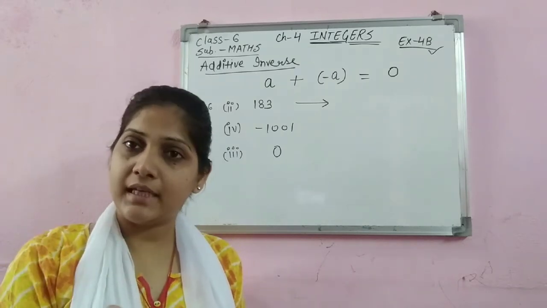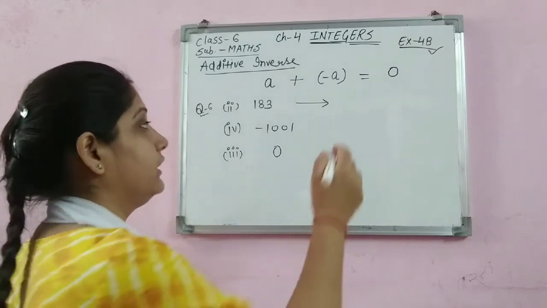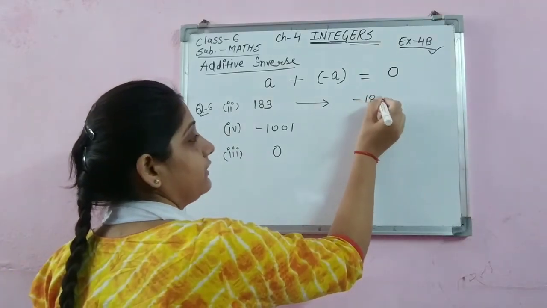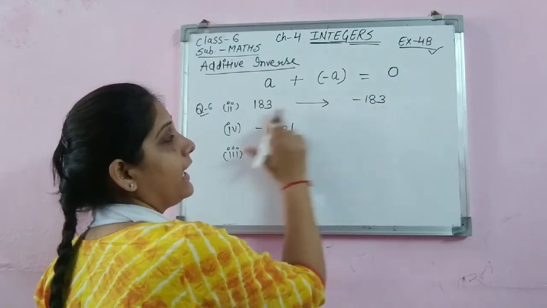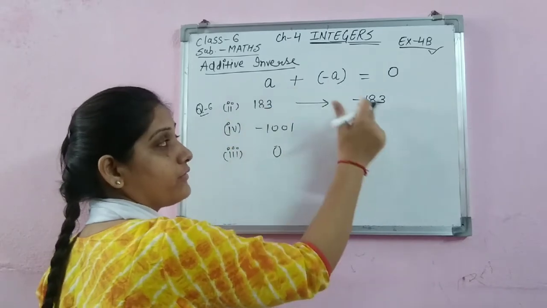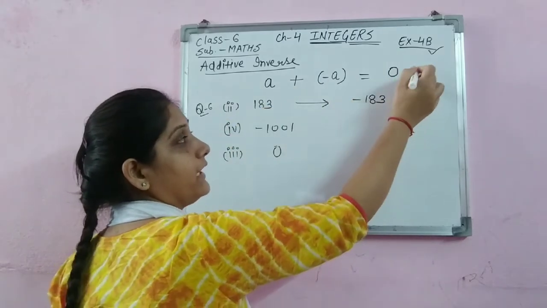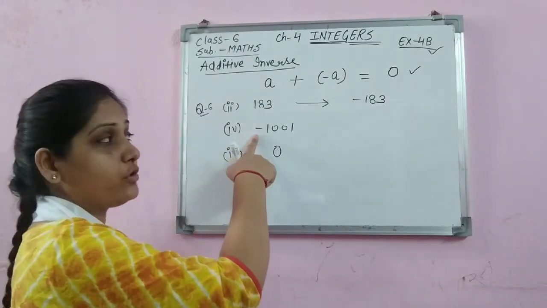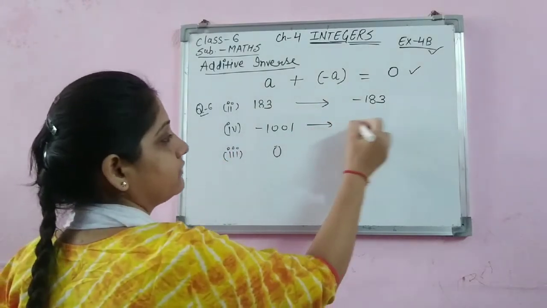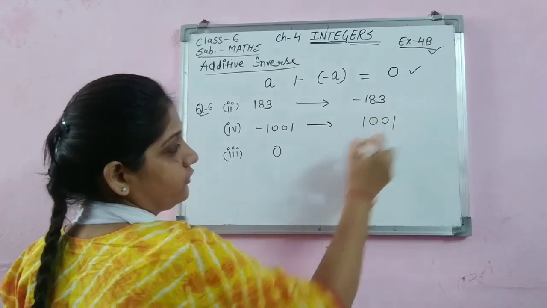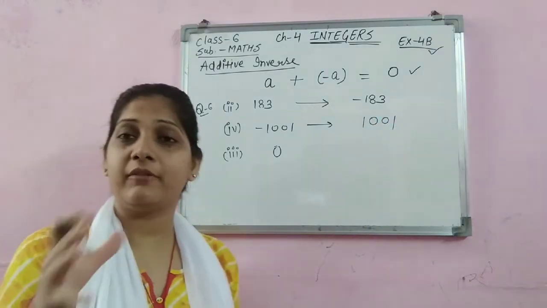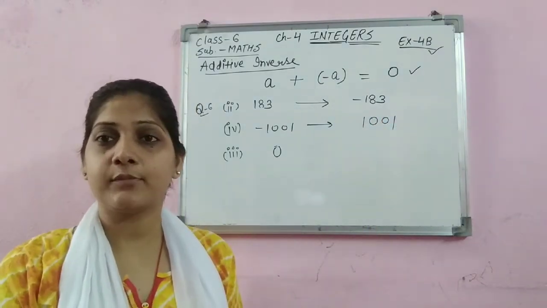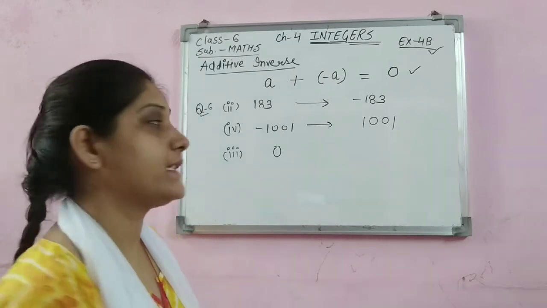So it means the same number with opposite sign. So negative 183. It is the additive inverse of this, because when you add these two numbers, you will get 0. In the same way, if it is negative 1001, what is the additive inverse? Positive 1001. So you have to remember, if negative is given, write its positive. If positive is given, write its negative.